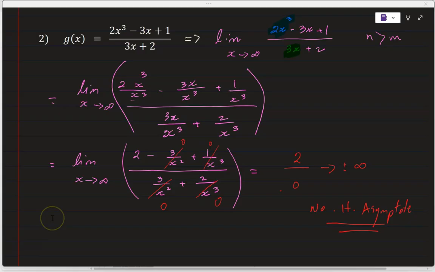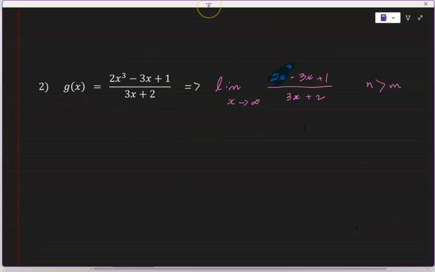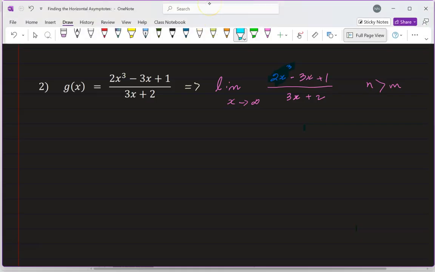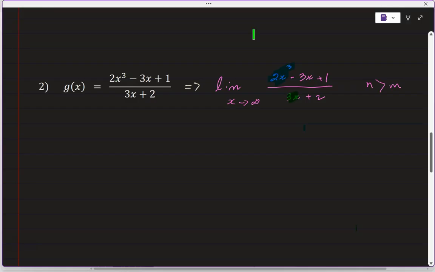Okay, now another intuitive way without going through all of this, I mean, obviously you have to show this. If a question like that shows up, you have to show all your processes. But the more common sense is that you're looking at the effective degree of the numerator and denominator. Notice that the numerator actually dominates the behavior of the function, because the effective term for the denominator is the 3x.